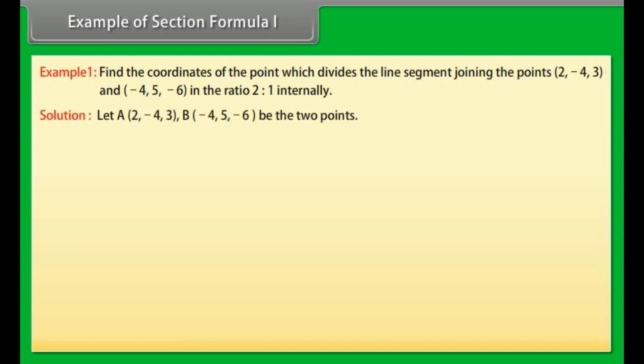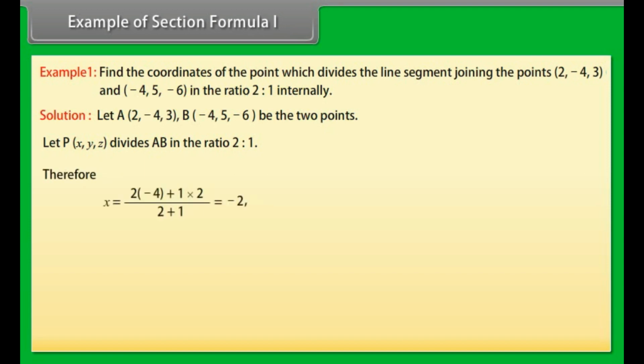Let A (2, -4, 3) and B (-4, 5, -6) be the two points. Let P (x, y, z) divide AB in the ratio 2:1. Therefore, x equals (2 into -4 plus 1 into 2) divided by (2 plus 1), which is -2.